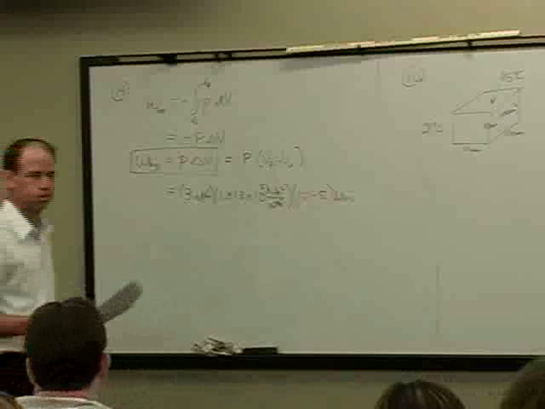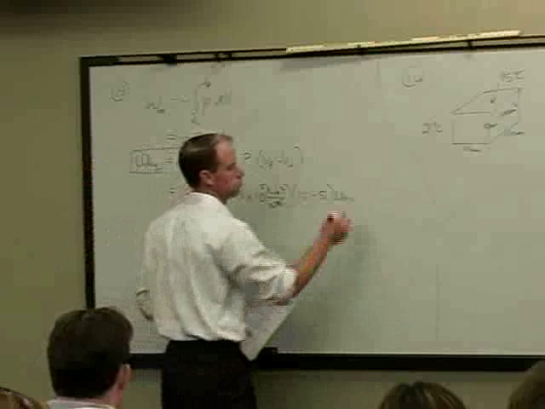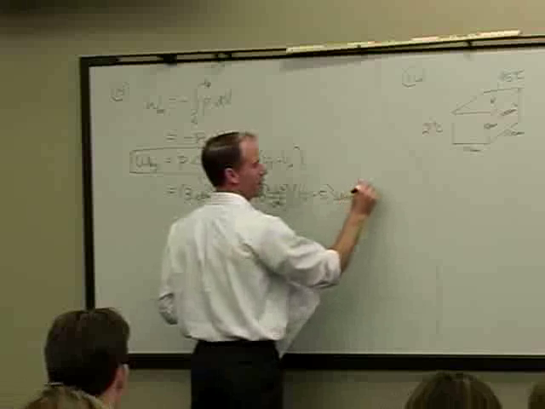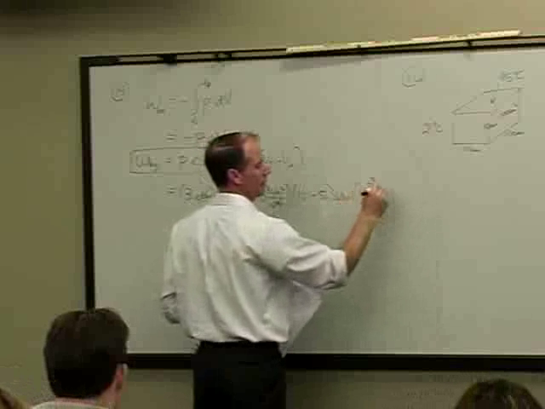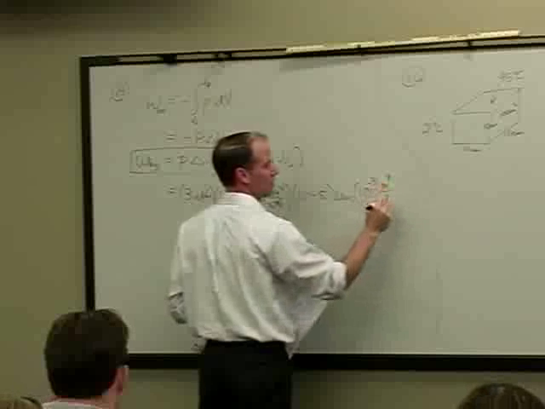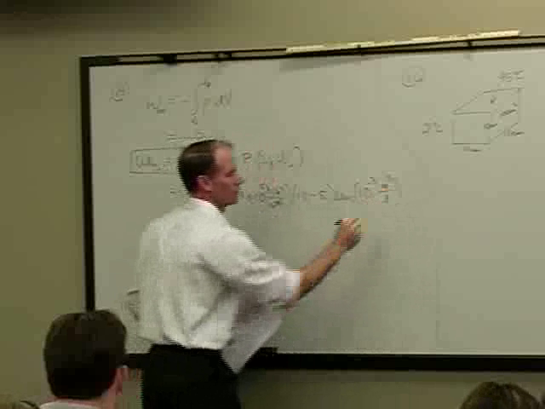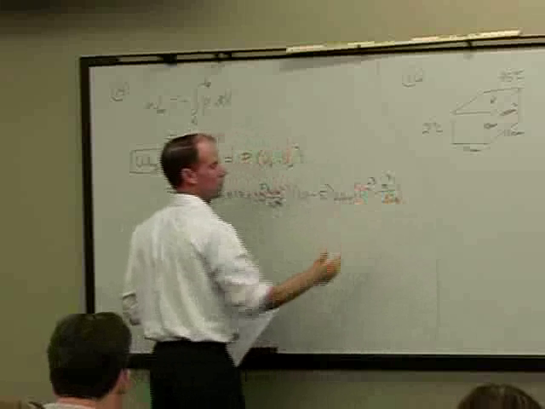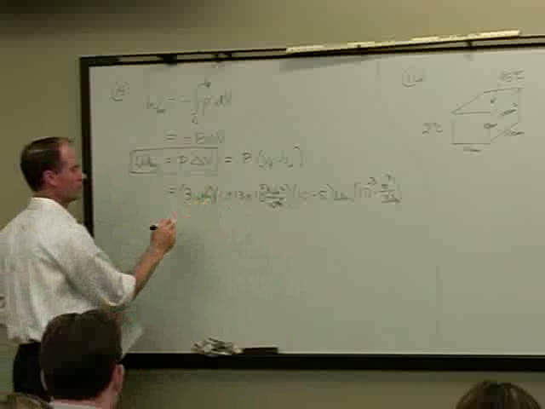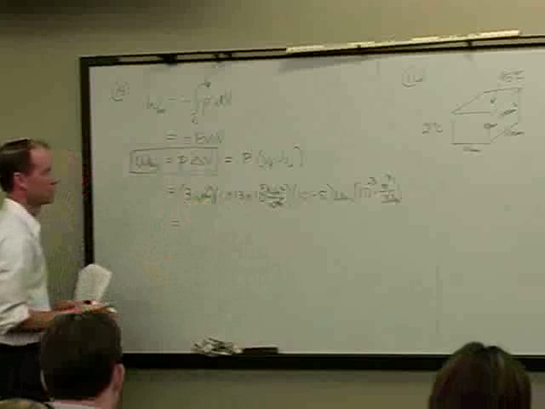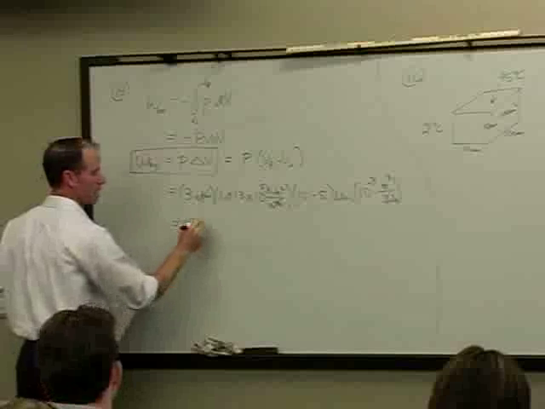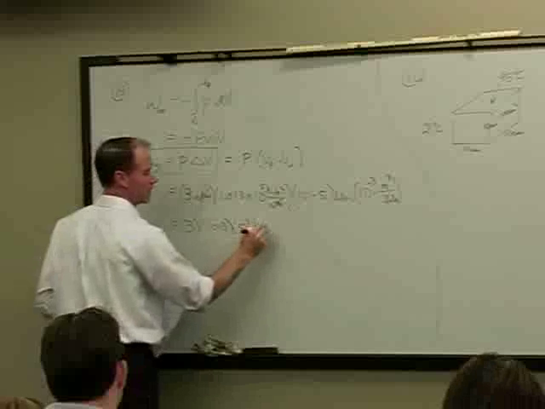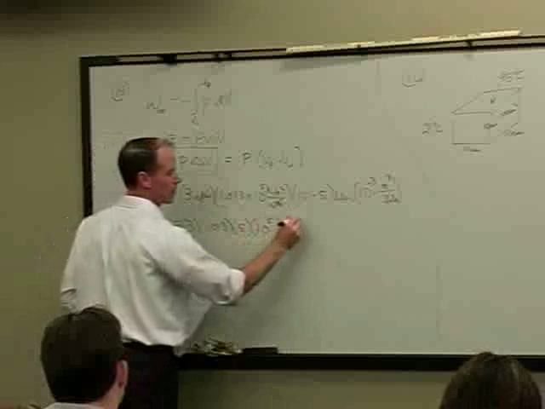Yeah, 0.001, 10 to the minus 3 cubic meters per liter. All right, so the main thing is those two conversions. So we're going to have 3 times 1.013 times 10 to the 5 times 5 times 10 to the minus 3.